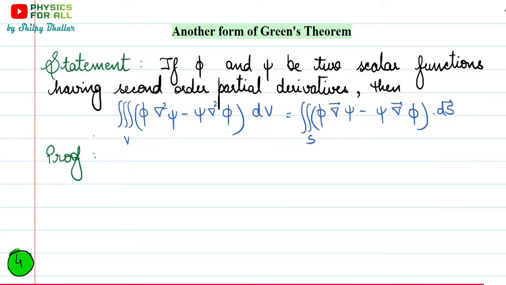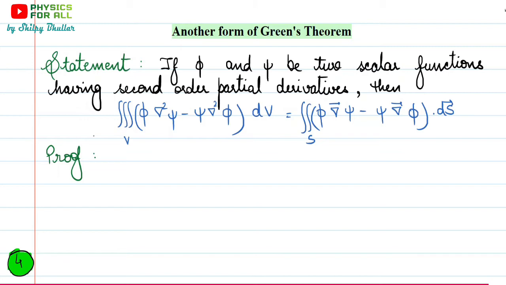The statement of the other form of Green's theorem goes like this: if phi and psi are two scalar functions, you know the most common way to represent a scalar function is by phi. But since we have two scalar functions, phi and psi, these are the Greek letters that we often use to represent scalar functions.